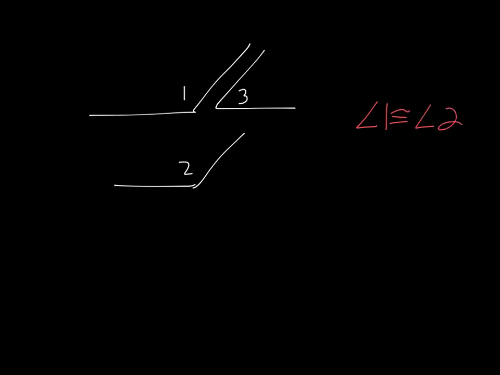You're either going to have angle 1 and angle 3 are supplementary, and then angle 2 and angle 3 are also supplementary, and try to prove angle 1 is congruent to angle 2. That's option A.